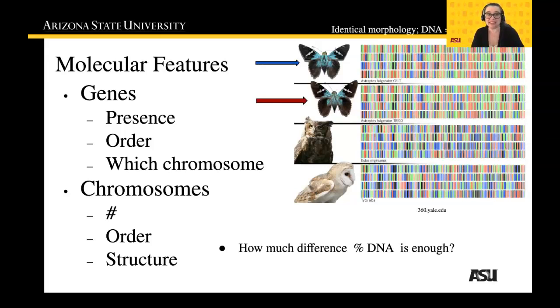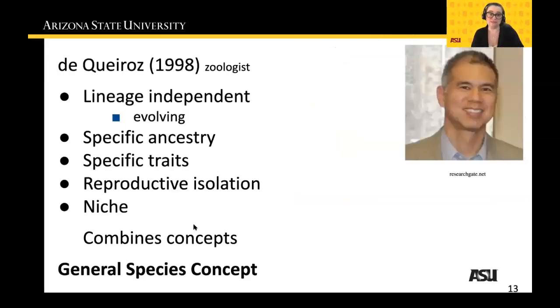So our DNA is about 99.5% identical. The morphological differences among us, the ecological differences, and the evolutionary differences are astounding, but our molecular differences are very minimal. So how much DNA needs to differ before we come up with a new species?